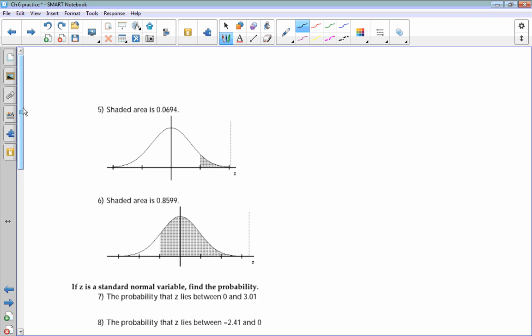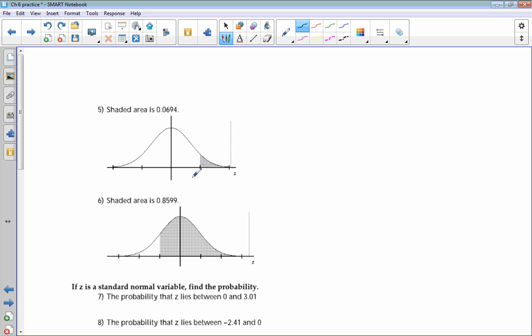Now the shaded area is 0.0694. So here is our area. So it's the bigger end. So I know that I'm going to want this z, and I know that z is going to be a positive z. If I were going to use my table, I would have to take 1 minus 0.0694, find out what this area is here.